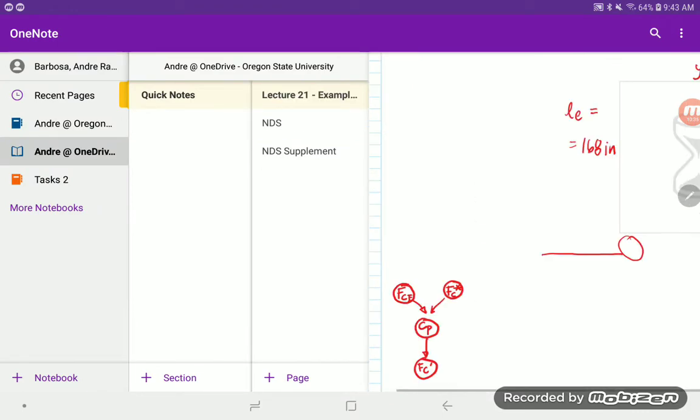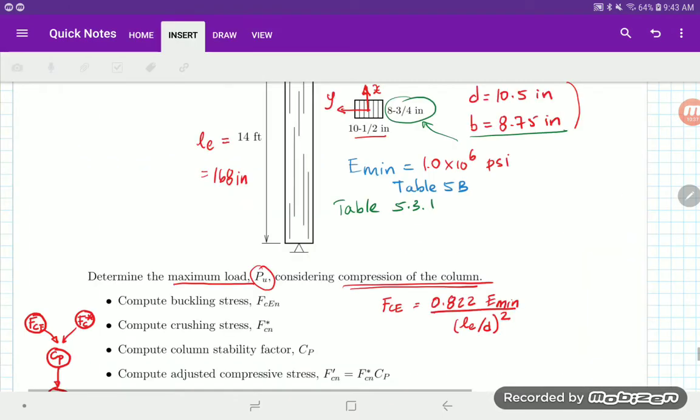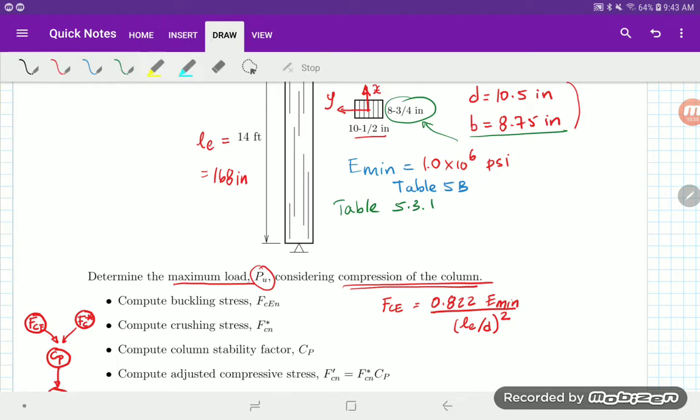So if I go back to the problem we're working on, using the green pen, I can compute the adjusted value of E min, which is just copying over from table 5.3: E min, C sub m, C sub t, and then those two other factors for LRFD, K sub f and our phi factor.